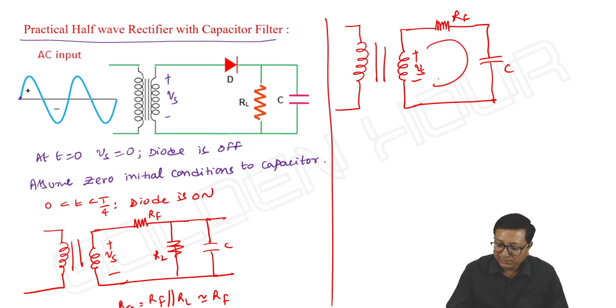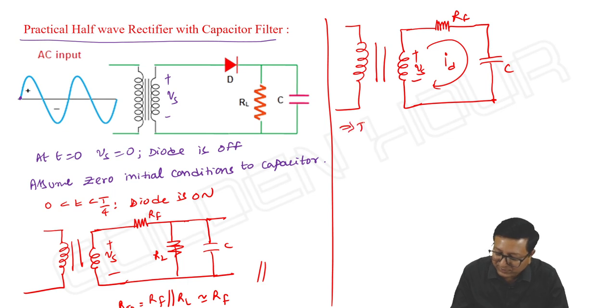So then it is similar to the previous circuit, which means the capacitor will rapidly charge towards Vs with time constant Rf into C. The time constant of this circuit, we are well aware how to find its equivalent time constant.